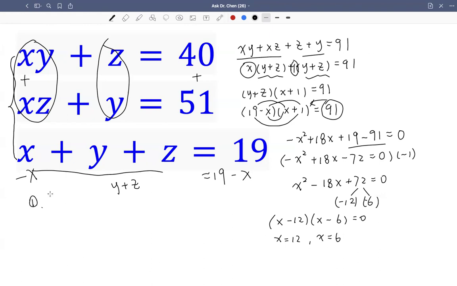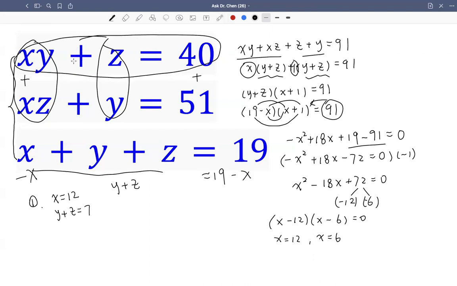Well, let's see the first one. When x equals 12, y plus z equals 19 minus 12, which is 7. So we need another equation. Let's pick the first one to work with because we know the x value now. So x is 12, so I have 12y plus z equals 40. Now I have 2 variables, 2 equations, guaranteed solvable.